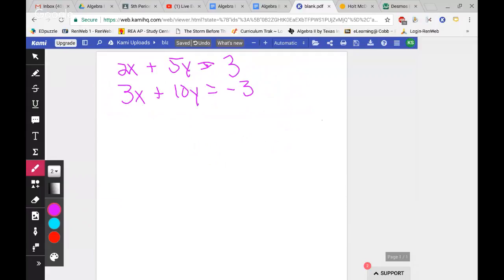On this one, which one would you pick to multiply? The first one, the top one, or the bottom one? And what would you do? So you would multiply the 2x, and what would you multiply it by? Multiply by 2. That's what I would pick too. Good job, Campbell. Awesome. All right, so let me go back over and do that.